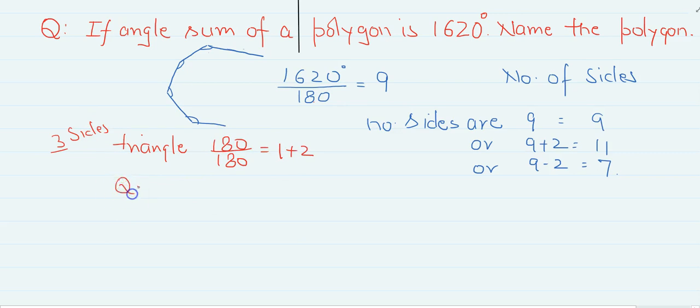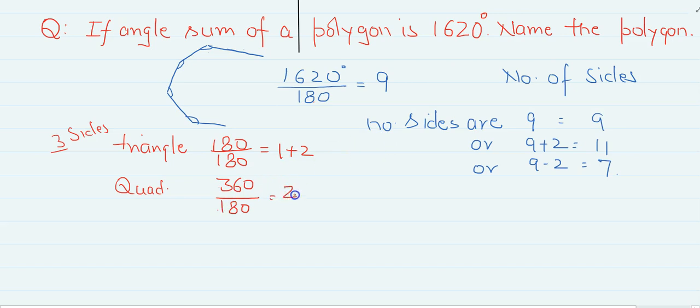Let's talk about a quadrilateral. Quadrilateral is having 2 triangles. So 2 triangles is 360 divided by 180. We want to know how many triangles are there.